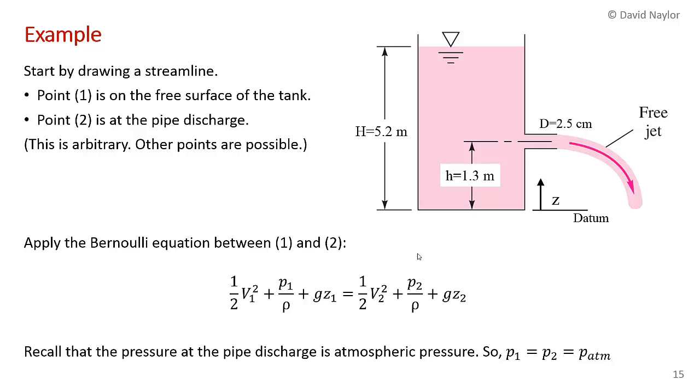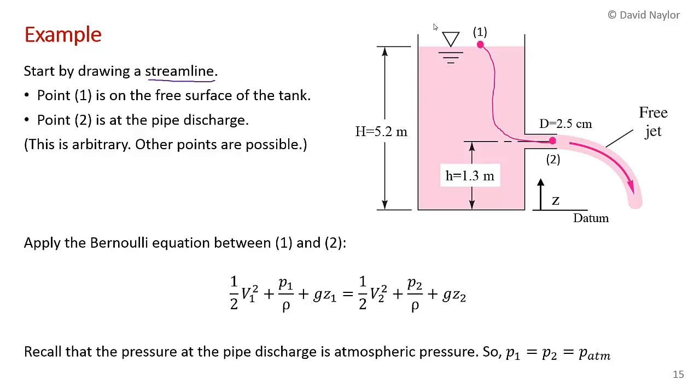Okay, you always start any Bernoulli analysis by drawing a hypothetical streamline. It doesn't have to be perfect, but for example, I could imagine a particle of fluid being drawn down from the surface and then eventually discharging from the nozzle. So start by drawing a streamline. That's important.